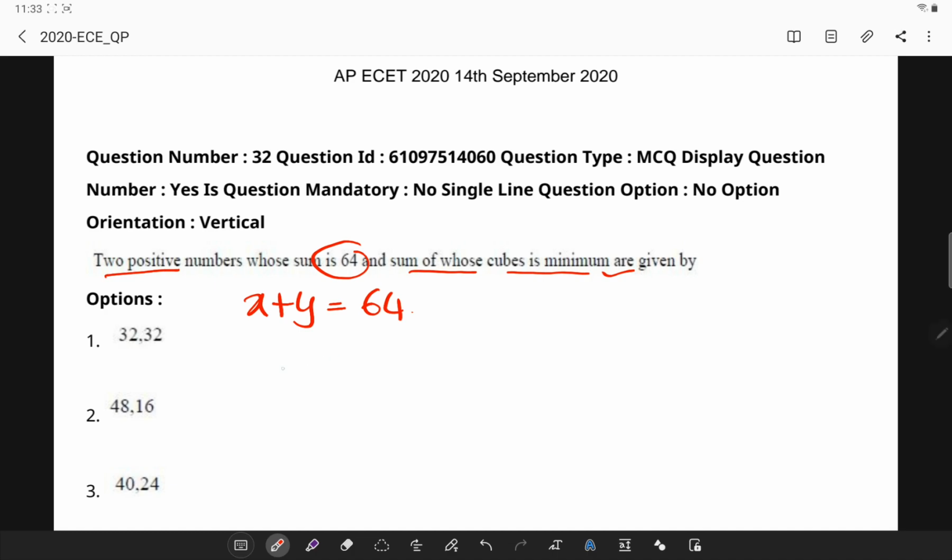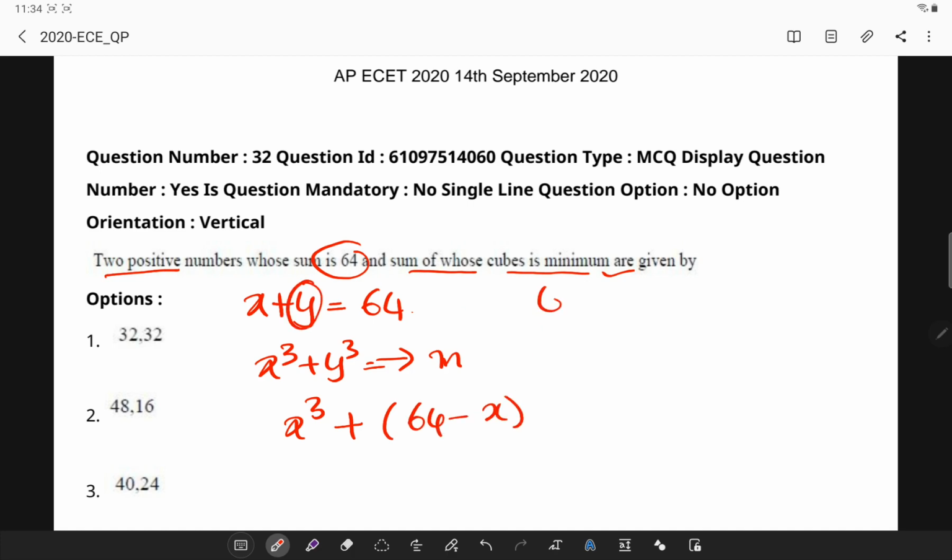So here x cube plus y cube is to be minimized. So here I have to take x cube plus 64 minus x, because y is 64 minus x, so I can simply cube it here.